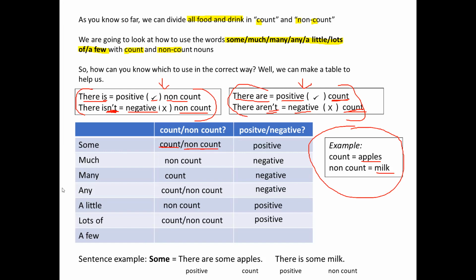And finally, a few. A few basically means 3 or 4. So we have a number, so we must be able to count. A few apples. It means 3 apples, yeah? And this one again is positive. So here we have count positive. And here it is, count positive. There are a few apples.